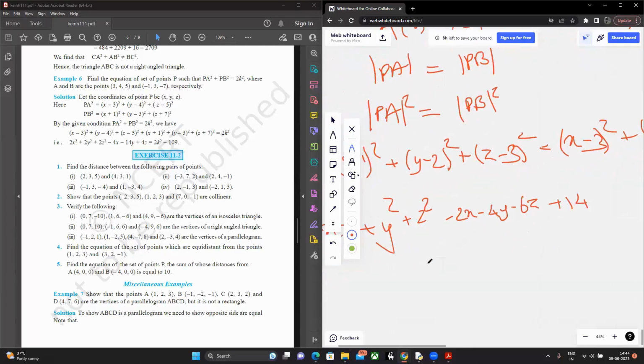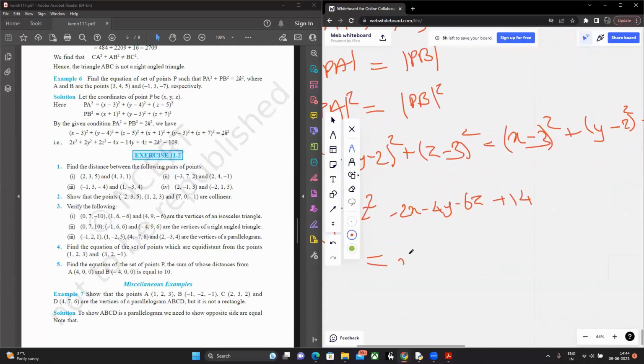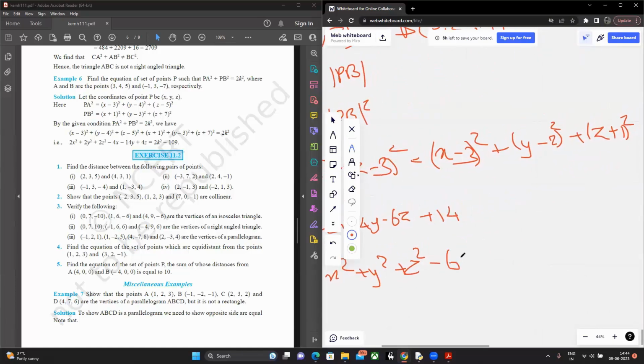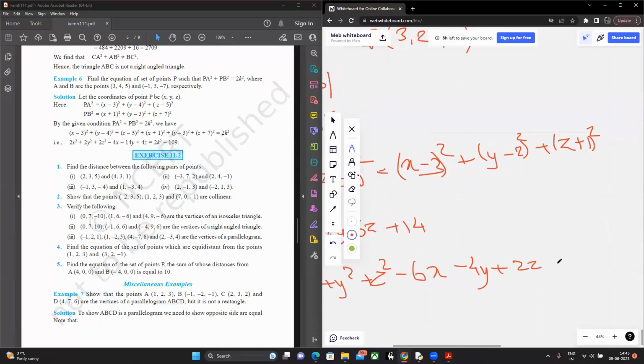It is equal to, on this side, again x squared plus y squared plus z squared, then minus 6x minus 4y plus 2z, and you are adding 9 plus 4 plus 1, that is again going to be 14.